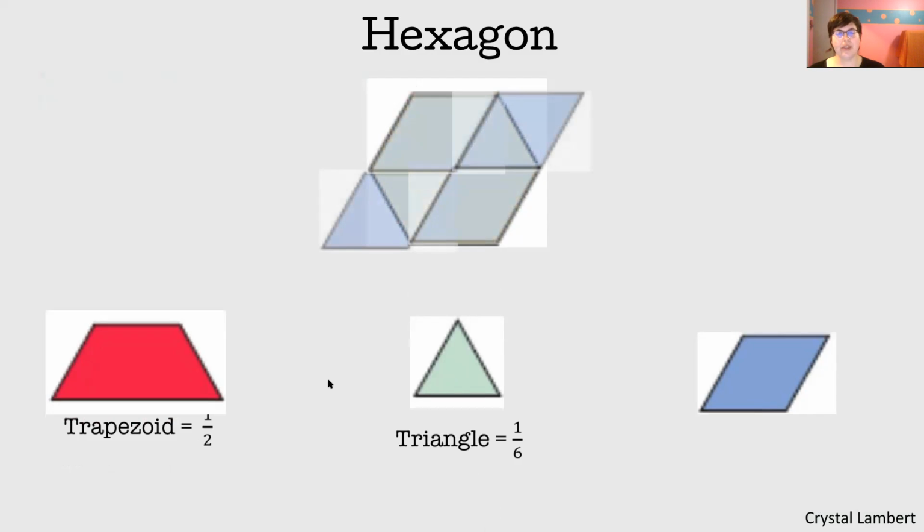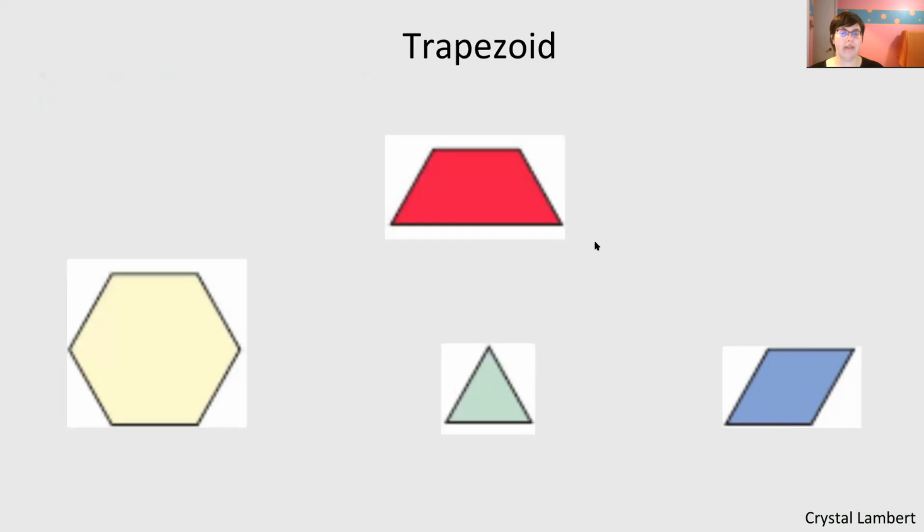So it would take 3 rhombi to completely fill a hexagon. So our fraction there for a rhombus is 1/3. So a rhombus is 1/3 of a hexagon.